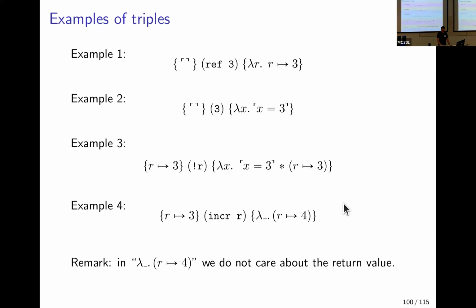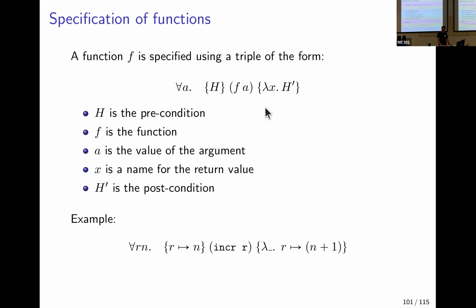Okay, so in general, if you want to specify a function, you do it like this. For every a, which is the argument of the function, you might need some b also that relates the things that are not the arguments, so it's technically not the most general.